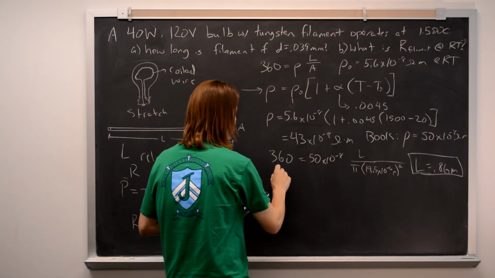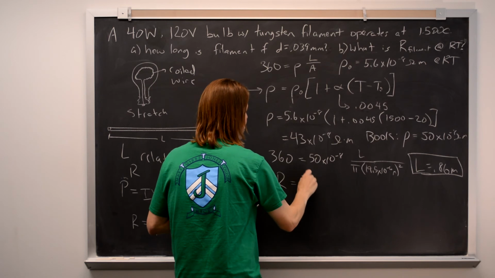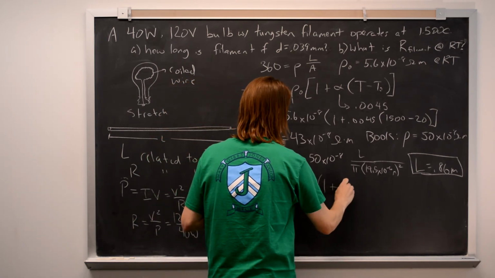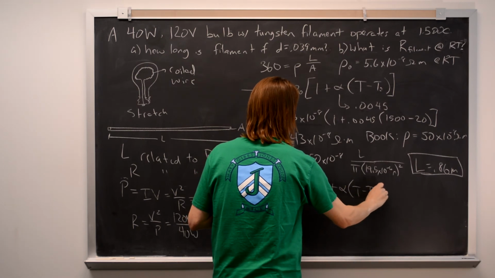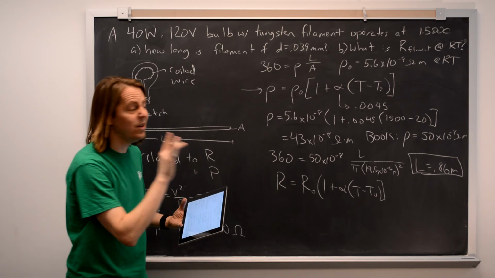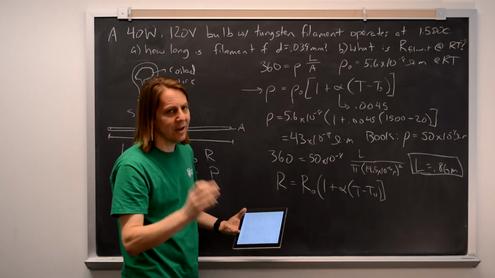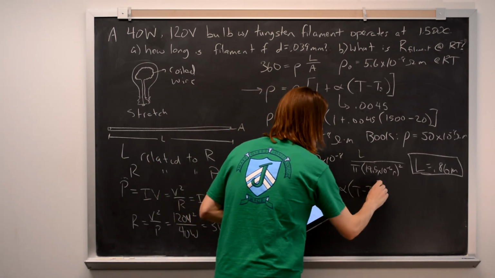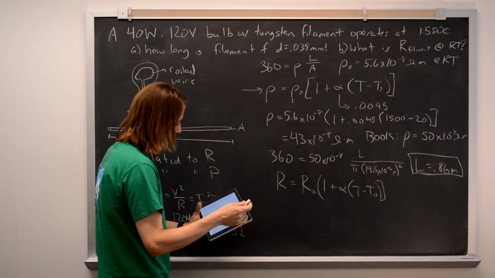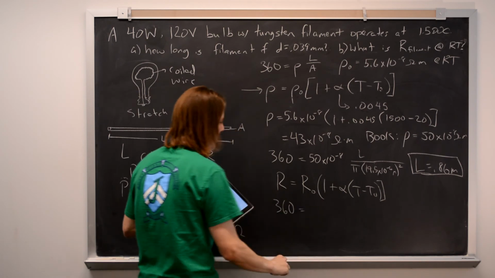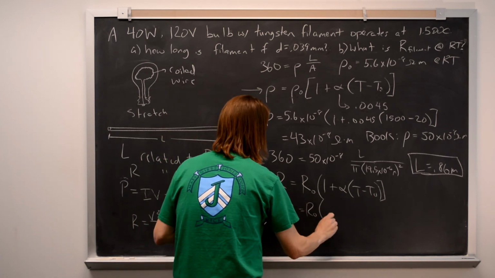Therefore, we can just say the resistance at some temperature equals the room temperature resistance times the same 1 plus the same alpha T minus T naught. Exactly the same. Now, in reality, the geometry will change because it'll expand. Okay, let's not get into that. So if we do this, then we can solve this and say R at high was 360. R naught is what we're looking for.